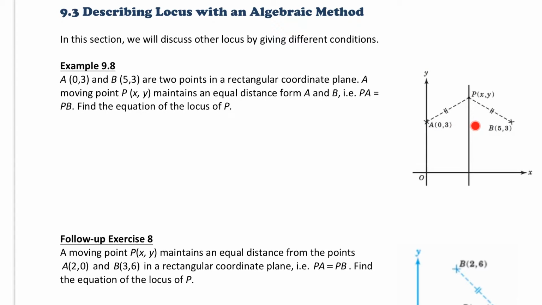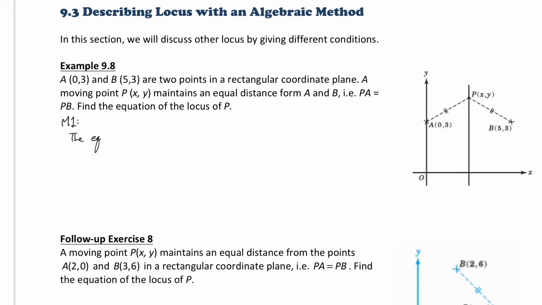Then, because I know this is perpendicular bisector, and by observing the coordinate of A and B, can you see the y coordinate of A and B are equal? So method 1, I can find the locus.